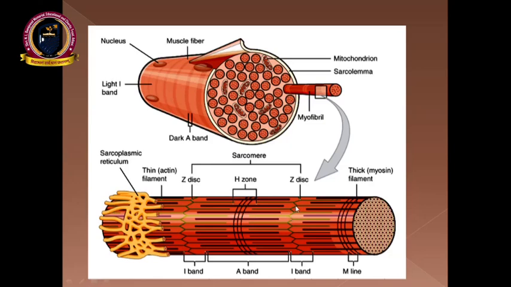So these thin actin filaments form the I band, and thus indicate the boundary between two sarcomeres. Half of the I band is in one sarcomere, another half is in another sarcomere. From here another sarcomere begins, and from here to here, that is one complete sarcomere.